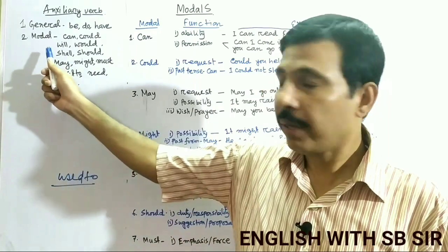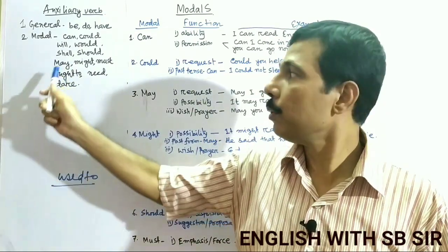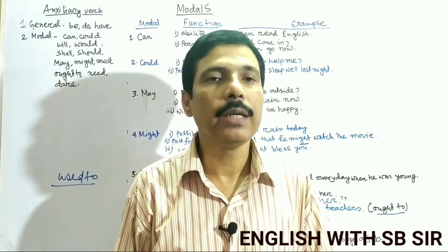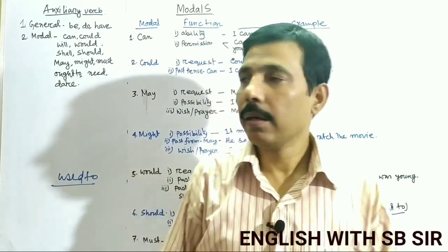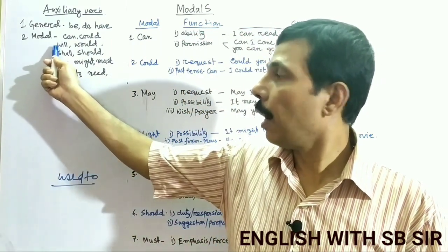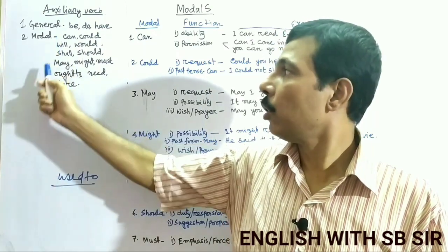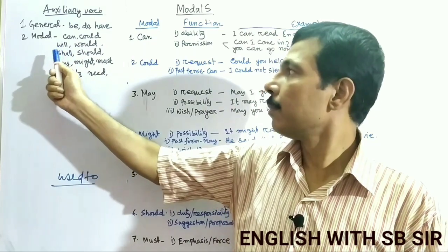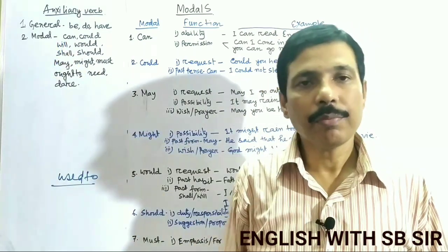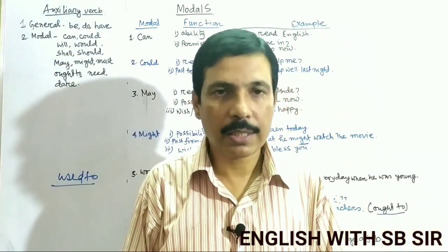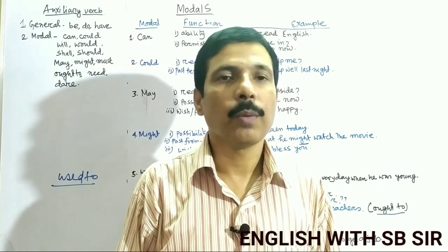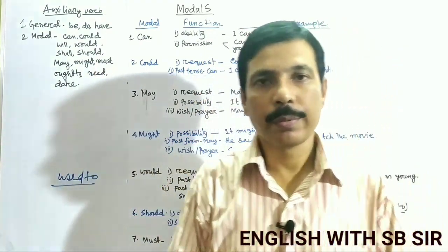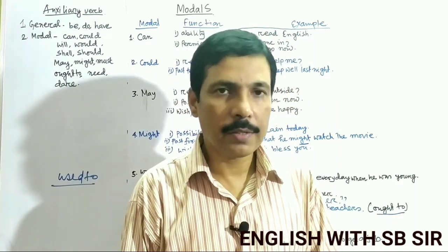After second person and third person, that is you, he, she, they, we use will: she will come tomorrow, they will play tennis. These are the examples of shall and will. They express future action. So here is the lesson about modal auxiliaries.